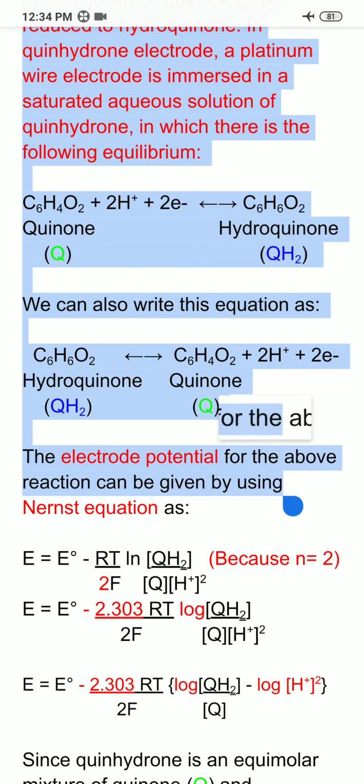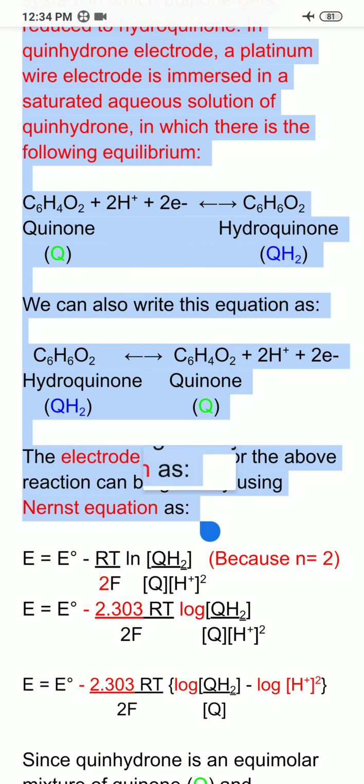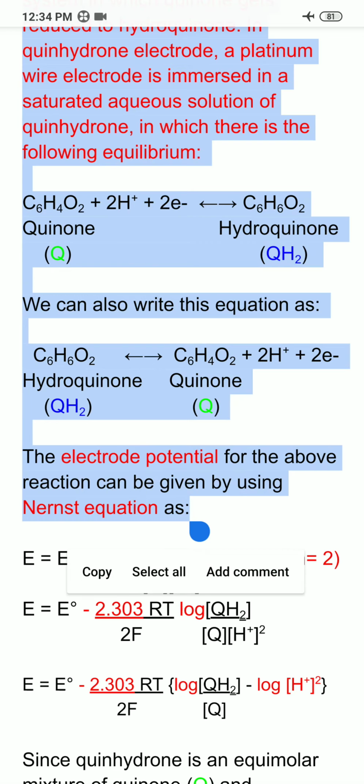Now the electrode potential for this type of reaction can be given by Nernst equation. Now I am applying the Nernst equation for the first equation. I showed you two equations in which the first one was having quinone changing into hydroquinone and the second one hydroquinone changing into quinone.